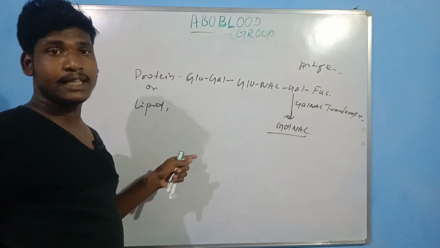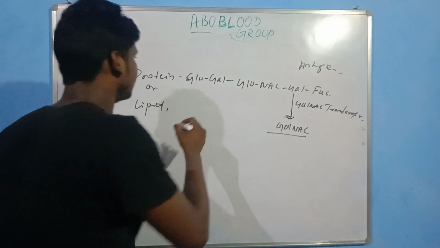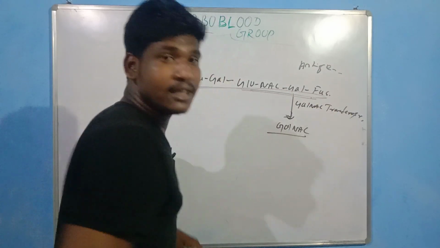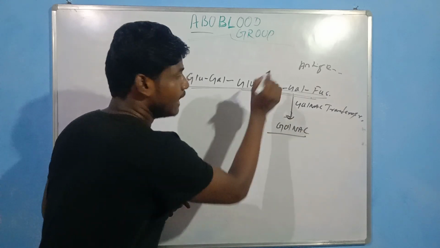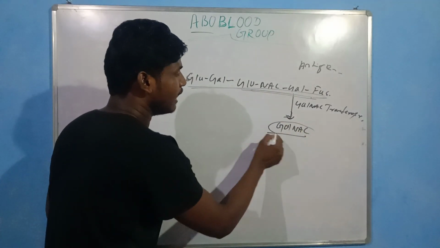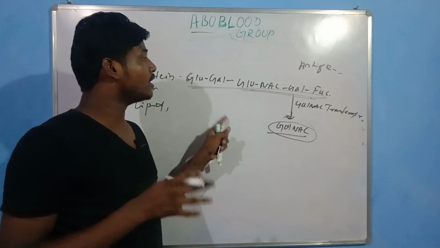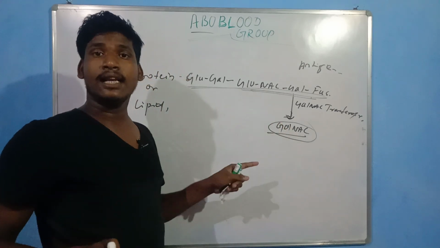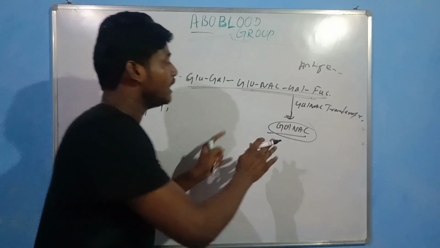Similarly for the B antigen, the chain is similar, but the difference is that the A antigen contains N-acetyl galactosamine, whereas in the B antigen no N-acetyl galactosamine is present, only galactose.